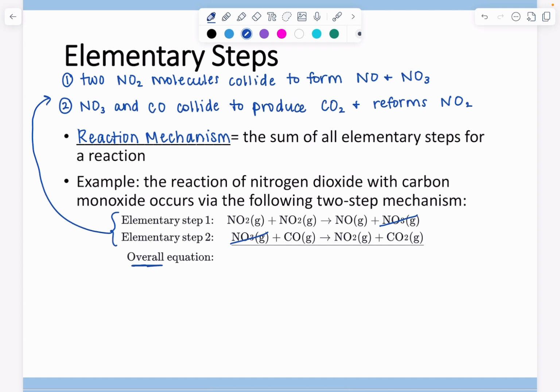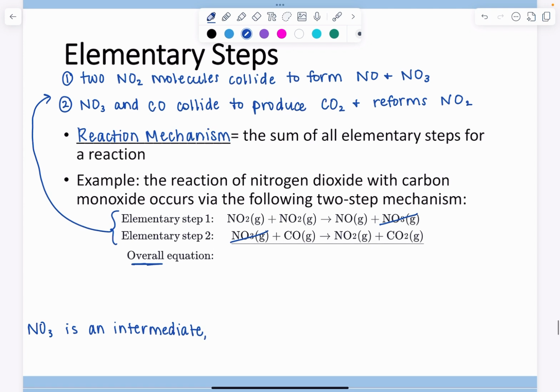NO3 is an intermediate. It is produced and then it's consumed. So it does not appear in the overall equation.